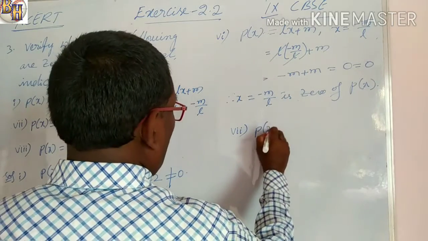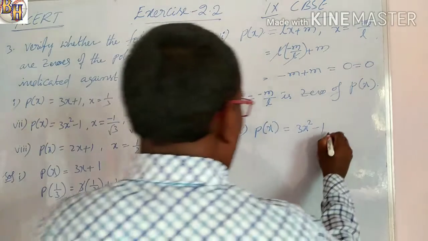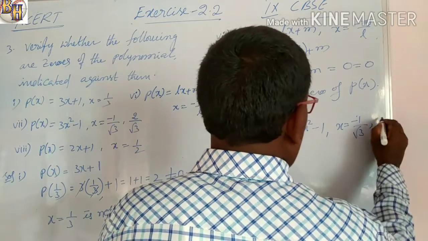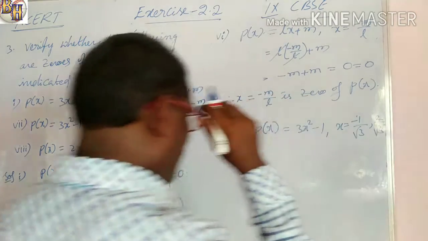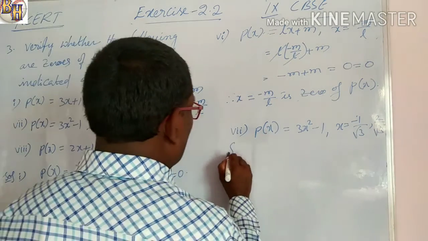P of x is equal to 3x square minus 1. Here what is given? X is equal to minus 1 by root 3 and 2 by root 3 given. See here, in x's place, right here, minus 1 by root 3. Solution.